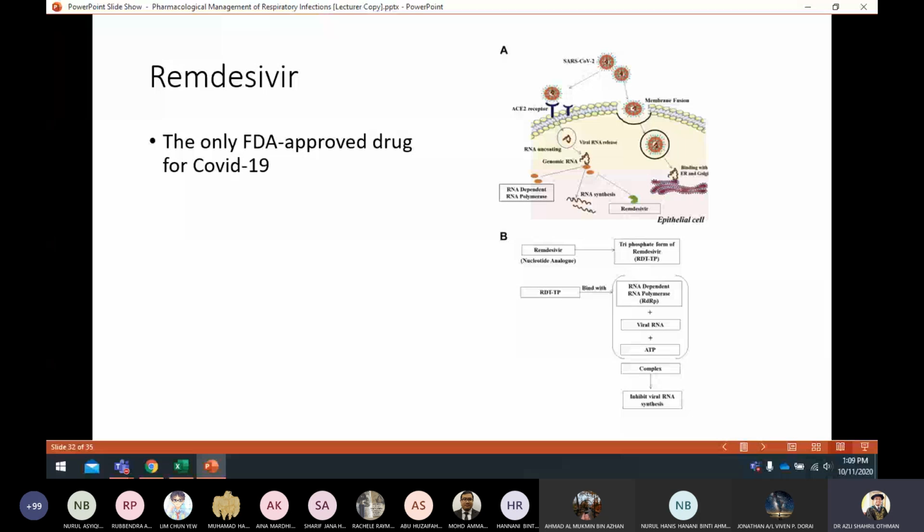So remember, most of the drugs that end with vir, and also a number of your anti-HIV drugs, usually require phosphorylation into their triphosphate form. If it's not phosphorylated into its triphosphate form, it will not be able to exert its antiviral effects.